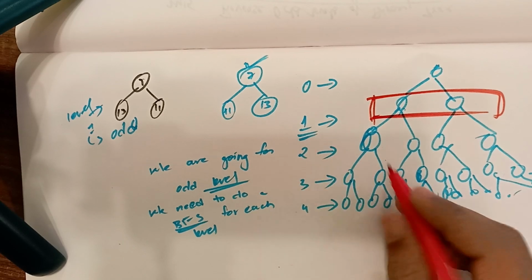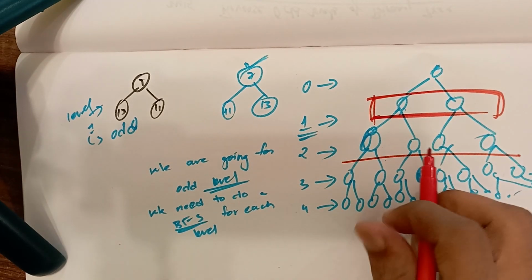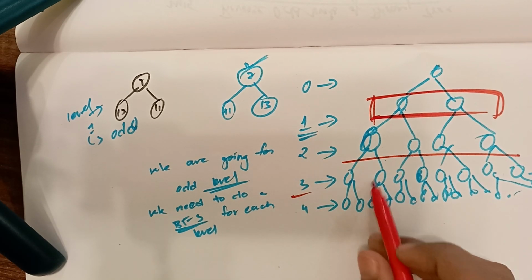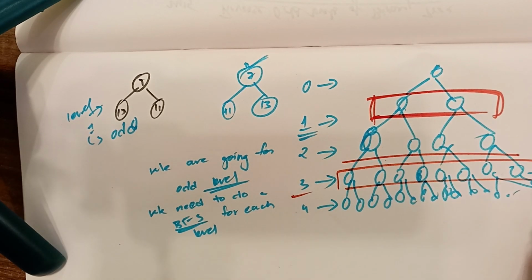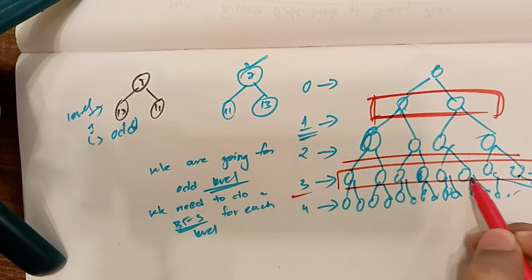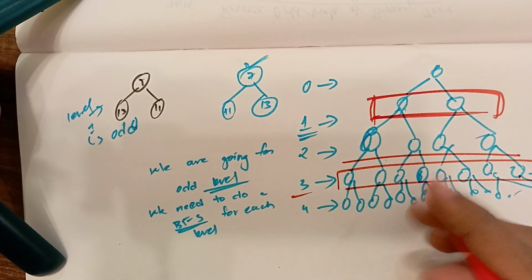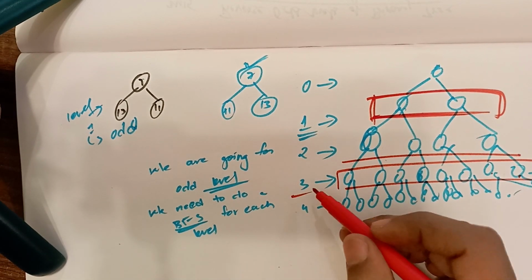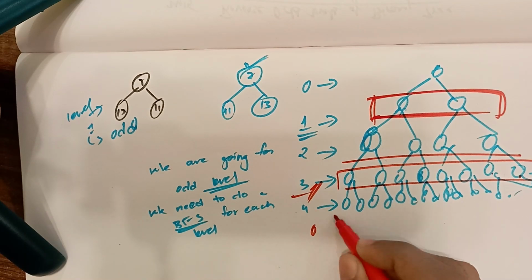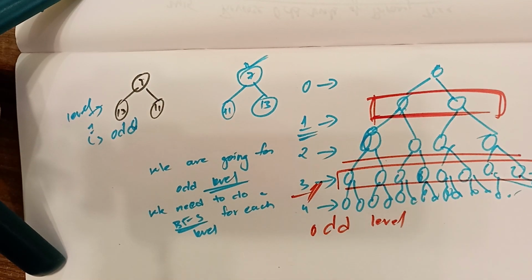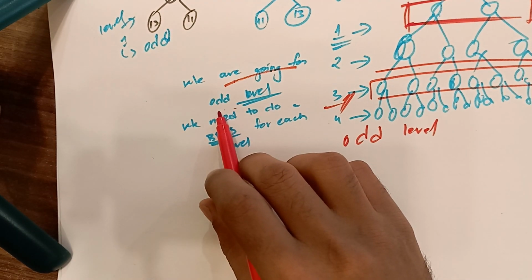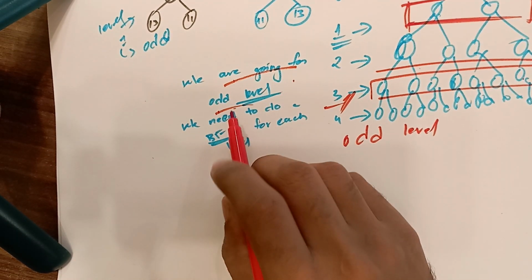If you are at level 2, take this but in the same order. Here we are at level 3, which is odd. Take all these elements and reverse them. This will be coming at the first, this is the second, this is the third, and this will be at the last. That means we are reversing all the elements when we get an odd level. So the first observation is going level by level for odd levels.